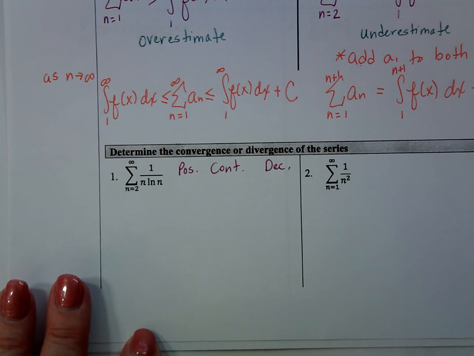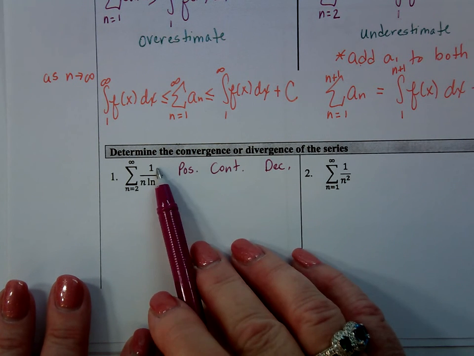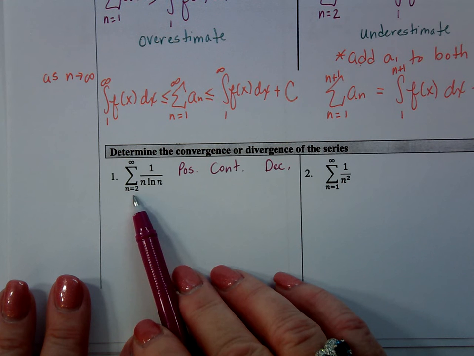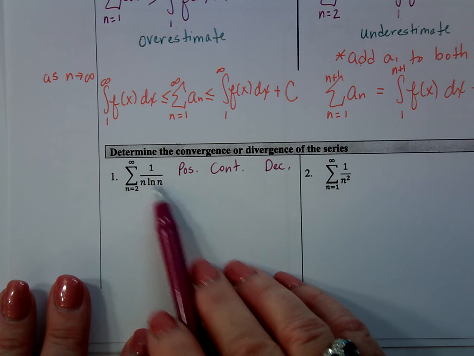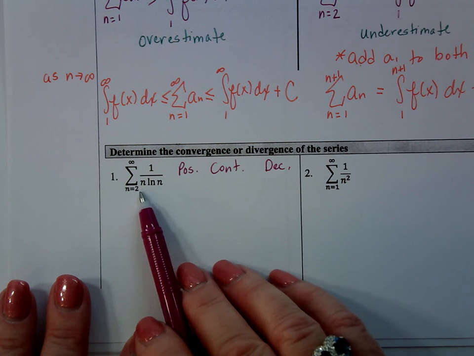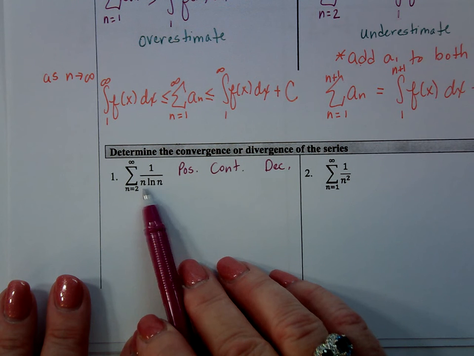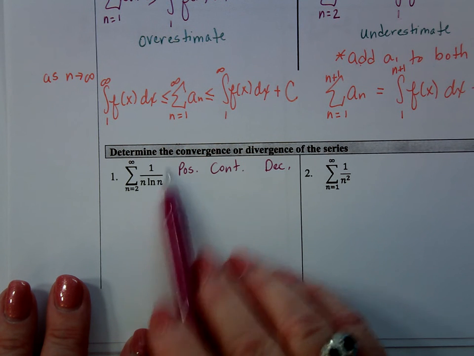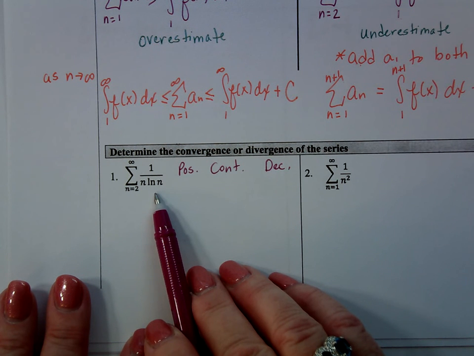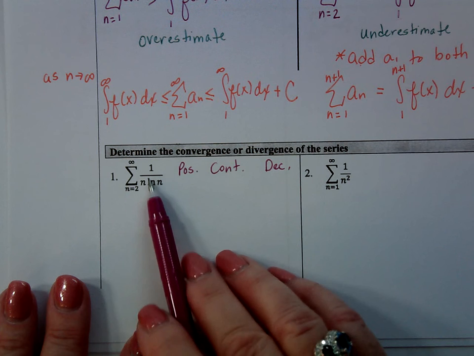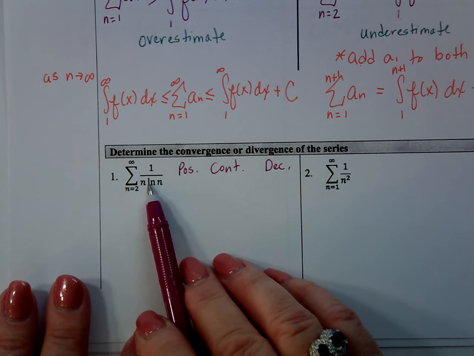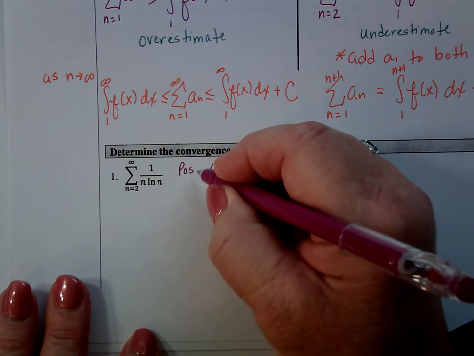If I think of numbers in here, my numbers start at 2. If I put in a 2 to infinity, 2 ln of 2, 3 ln of 3, infinity ln of infinity, what happens with this function? Is it ever going to hit 0? And the answer is no. You're always going to have positive values coming out. So this one's checked.